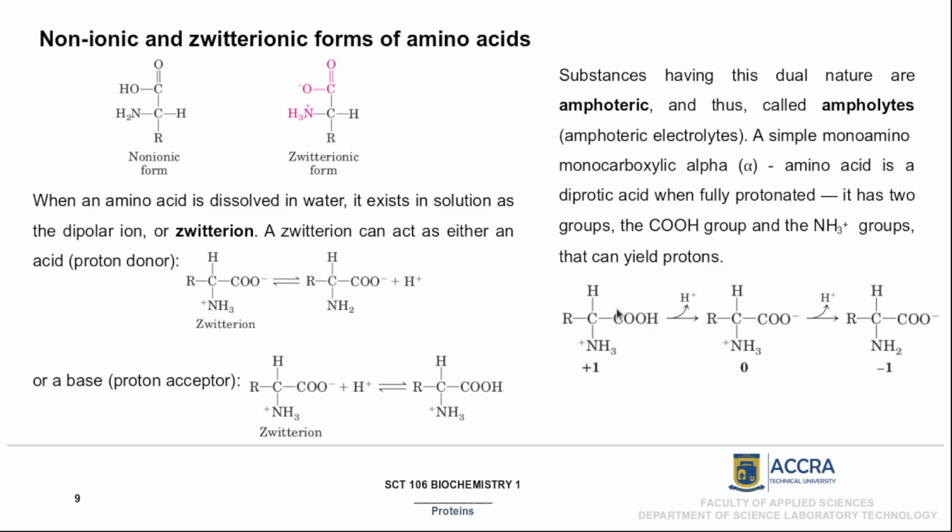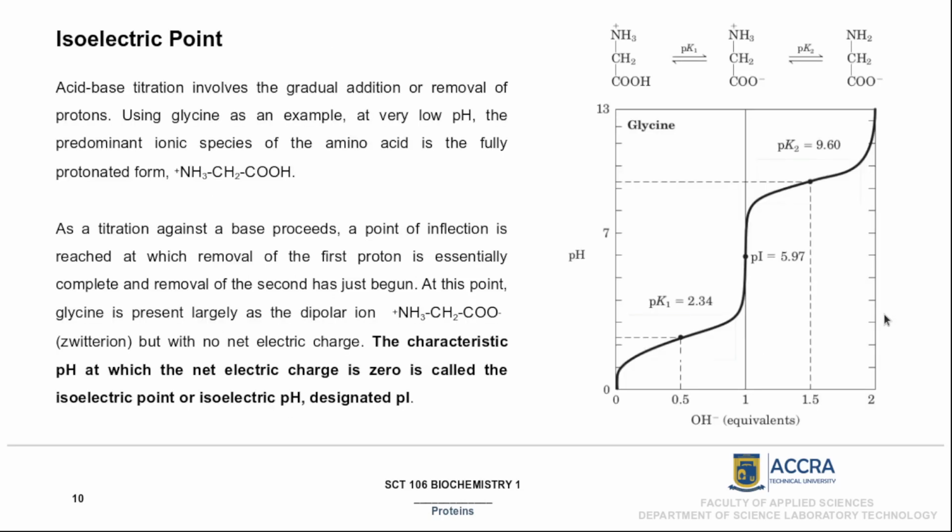Now, this fully protonated amino acid could donate a hydrogen ion from the carboxyl group, the product being a zwitterion having a net charge of 0. This can continue further to donate another hydrogen ion from the protonated amino group, becoming neutral, and thus the product has a net negative charge.